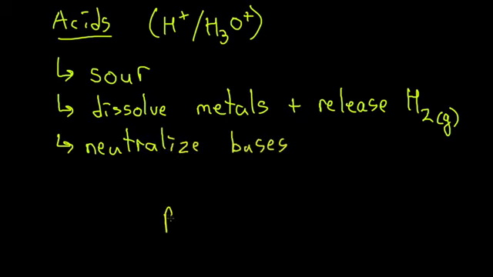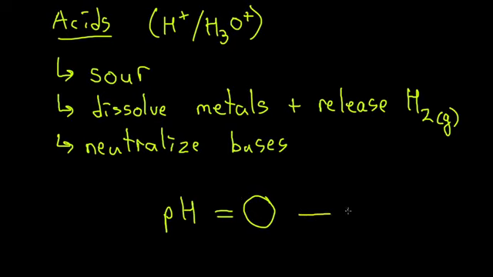Another concept that we do have to know about acids and bases is pH. pH is the measurement of the concentration of H plus ions inside an aqueous solution. So the more ions you have, the closer it is going to be to 0. The more protons you have, the closer it is to 0.